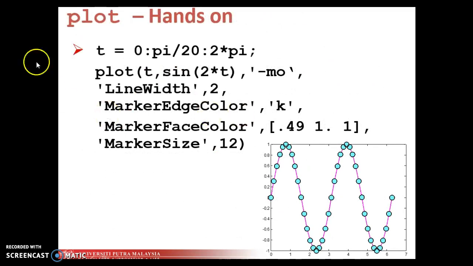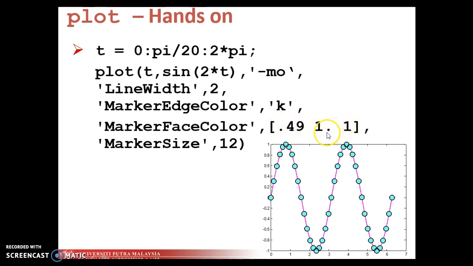While for marker face color here, color can as well be represented by RGB. This is the code for RGB. Red, green, blue, I think. So there is a value for this.